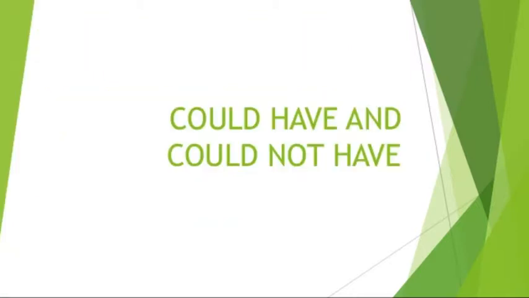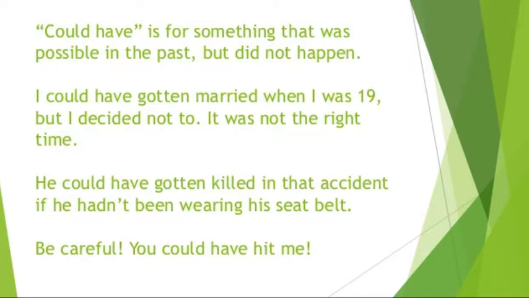So when you have could have or could not have, the meaning is, when you say could have, it is for something that was possible in the past but did not happen. For example, I could have gotten married when I was 19, but I decided not to. It was not the right time. So I could have gotten married, could have here.